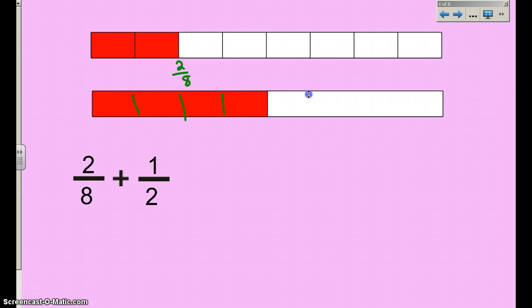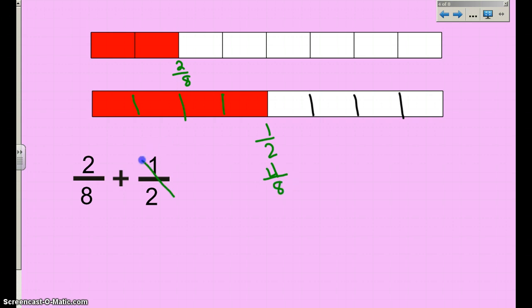I'm using the lines above to guide me. So if I have 8 equal parts on the bottom, how many are red? I've got the 2 at the top plus 4. So this 1/2 that I have right here must be the same as 4/8. Those two fractions are equivalent.